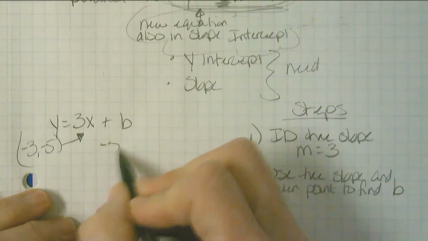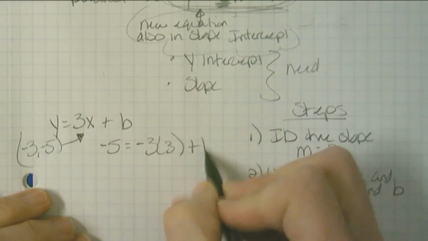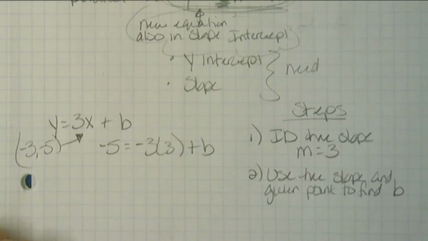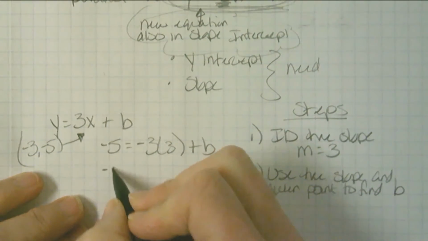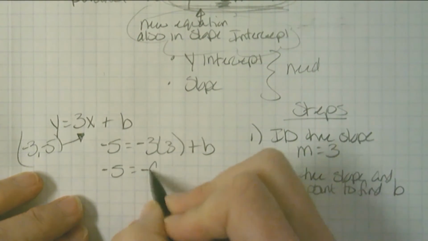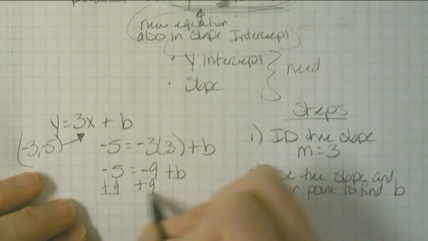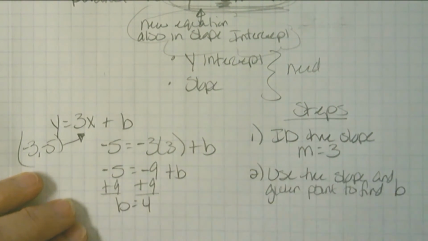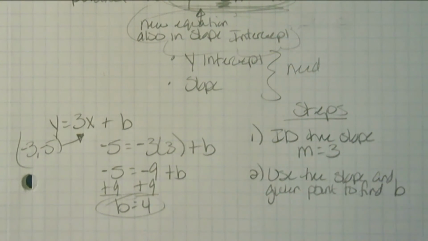So I have -5 is equal to -3 times 3 plus b. All of you finish this, please. How many of you got b is equal to 4? All right, so somebody write my equation for me now.